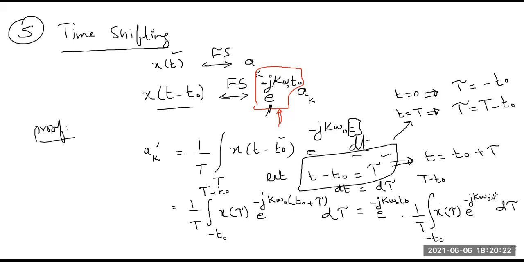Now, if you look at this, of course, this is the limit as well. This is nothing but the Fourier coefficient a k for this signal.